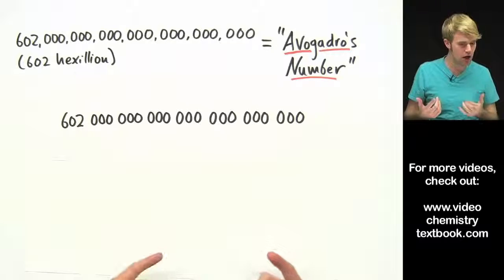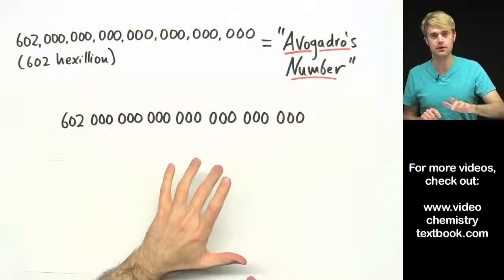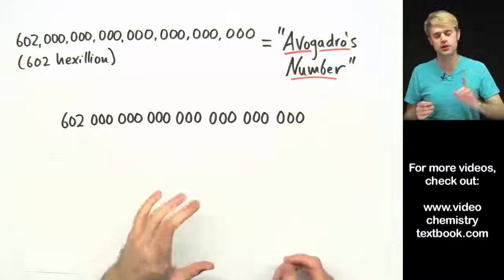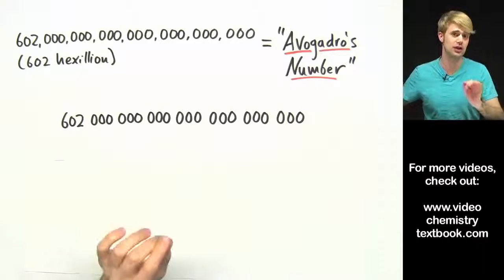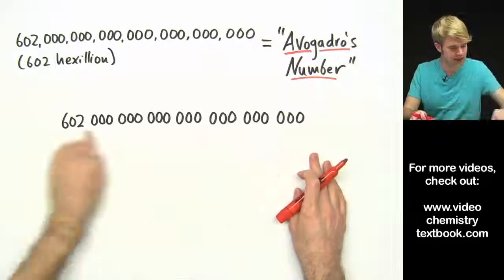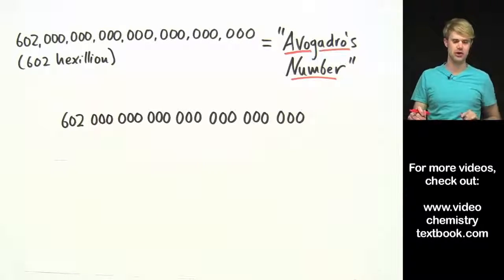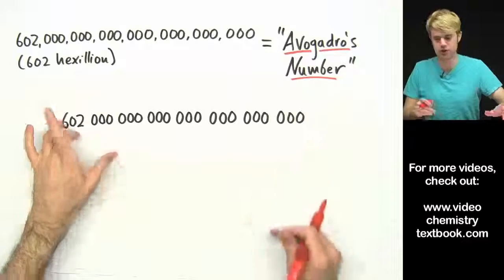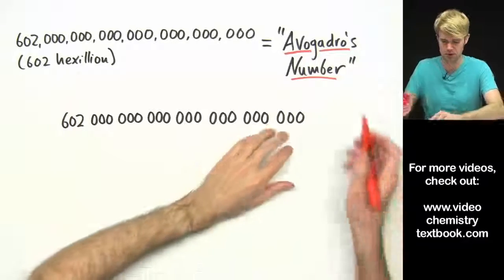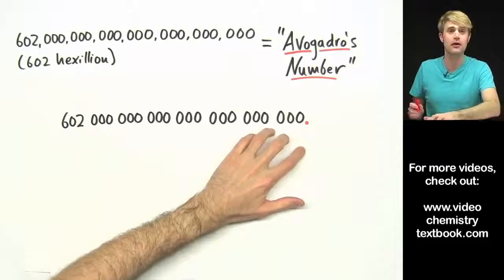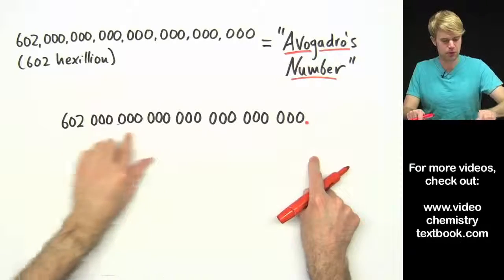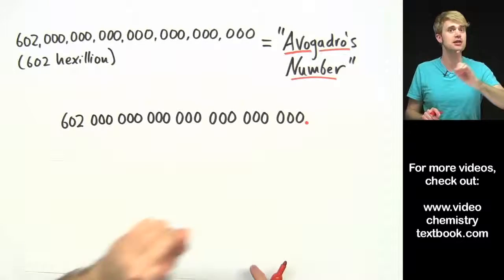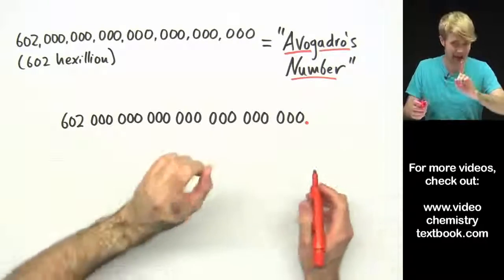Now, as you may know, when we abbreviate numbers in math and science, we usually use a technique called scientific notation. And here's how we would abbreviate this number using scientific notation, okay? I got this big number, 602 hexillion. I find out where the decimal place would be. It would be right here. And now I move the decimal place until I have just one digit to the left of it, okay? And I count the number of spots.